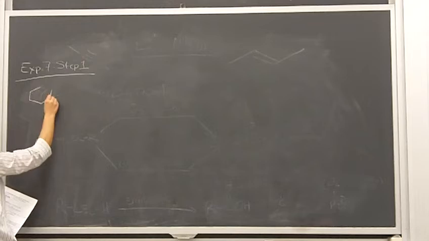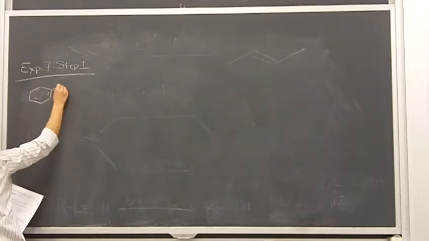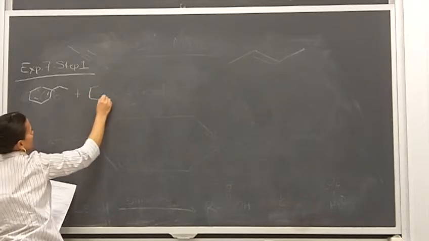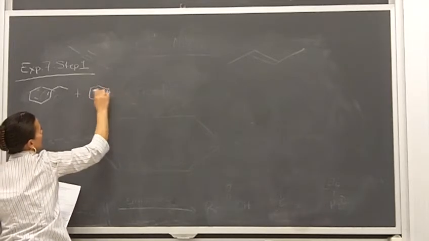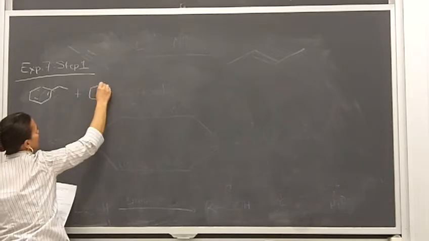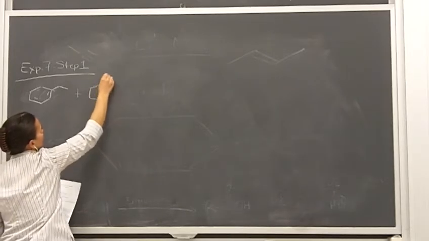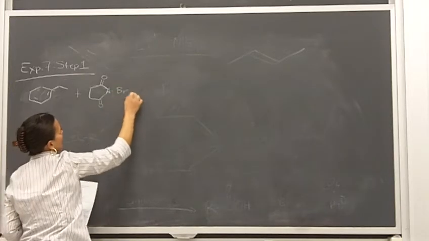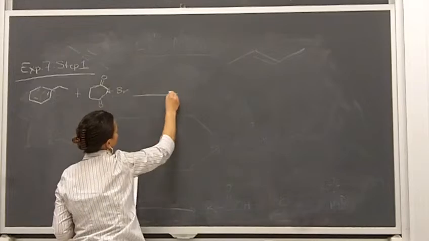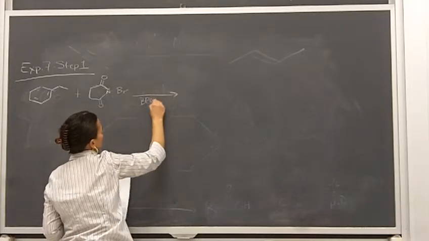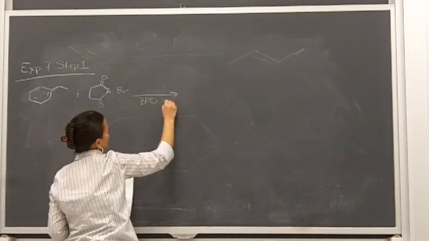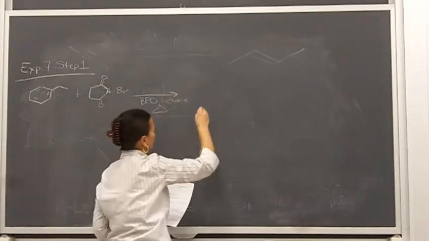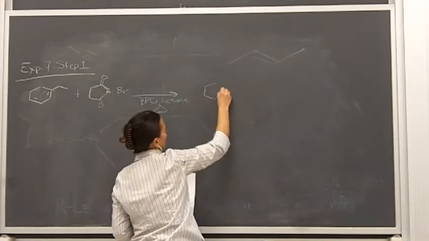Again, we've got our ethylbenzene, and we're reacting it with our NBS, and then we'll also have our benzoyl peroxide, and we're using hexane as our solvent. Again, we're doing this at reflux. We'll end up with our bromoethylbenzene.